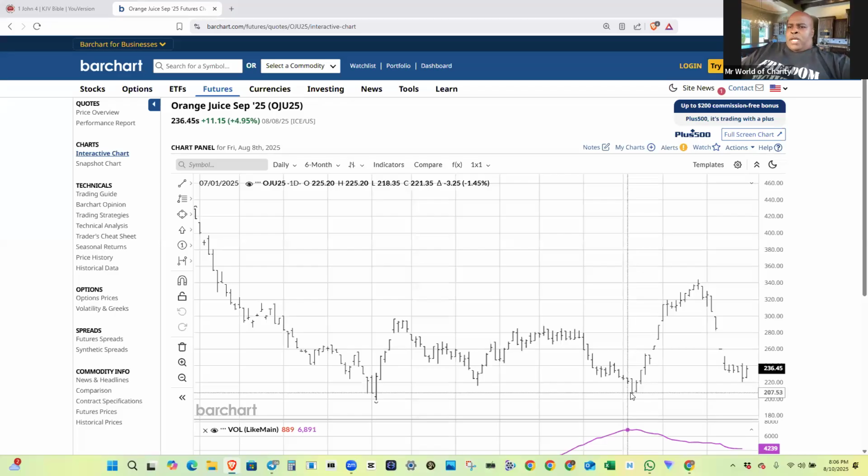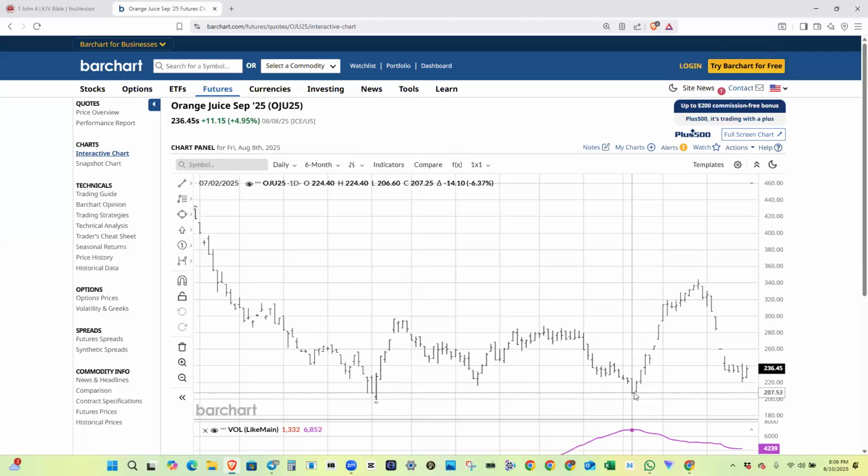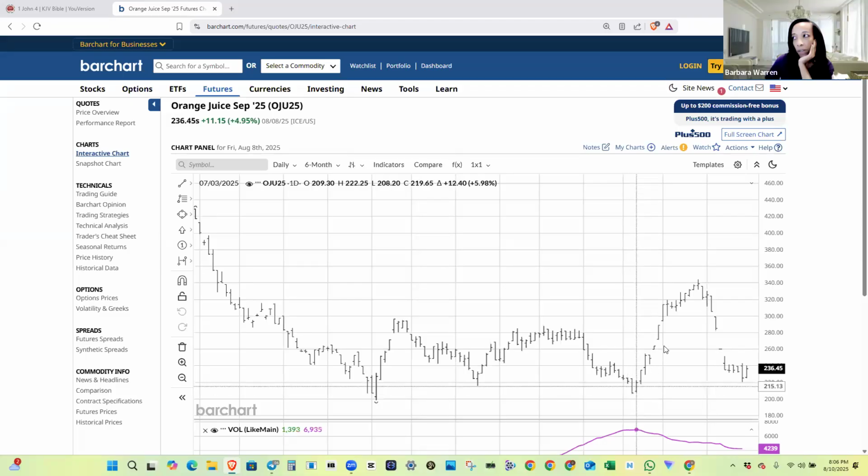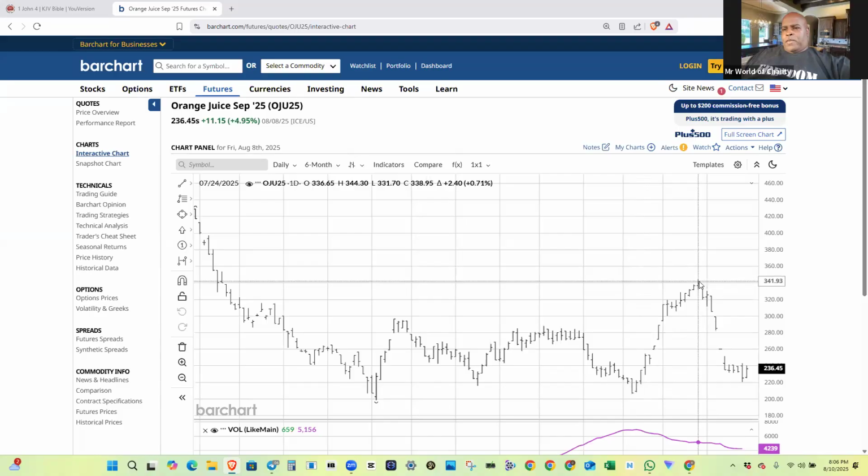We just look at this little move that the market made from here up to the high of this trend. What's the low? 207, 208. 207. And what's the high right there where her cursor is?